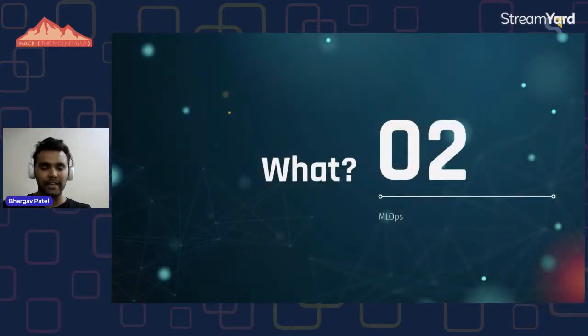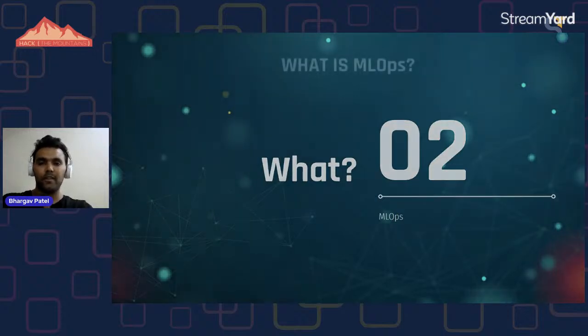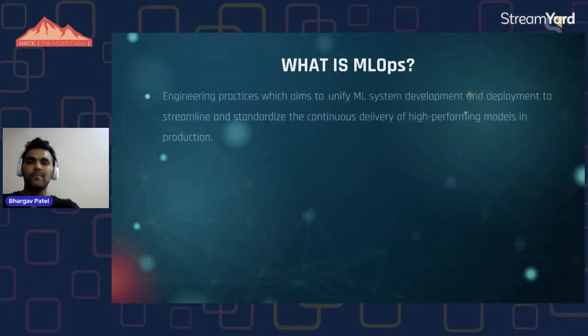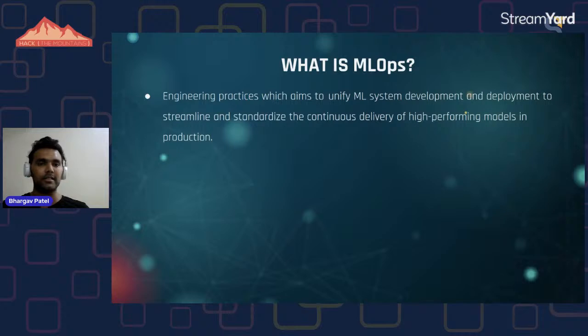So you have a basic understanding of ML and you want to know how I can productionize my model. How can I make sure that the model that I prepare can be used by thousands and millions of users? What is the way to do so, right? So what is MLOps? Whenever it comes to operations, machine learning operations are a set of practices.